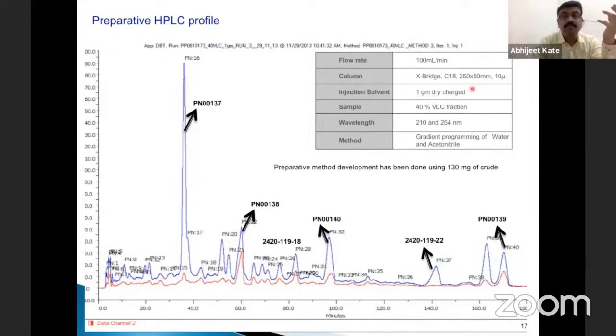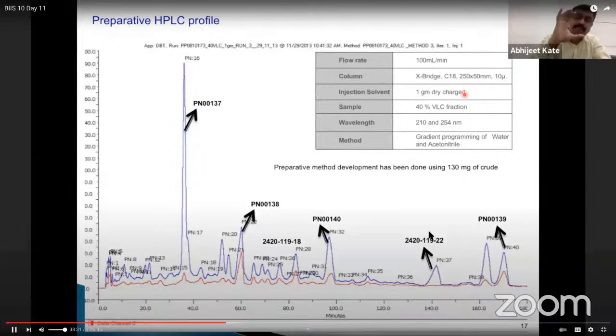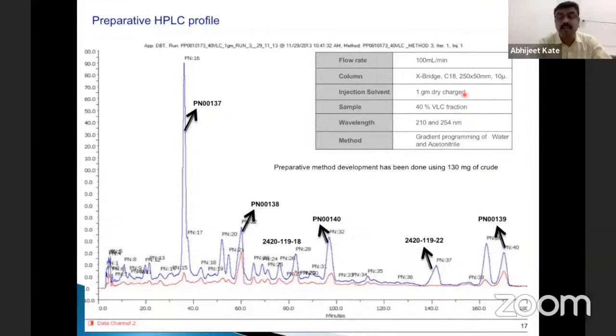The preparative column is generally 50 mm, while our analytical column is mostly 4.6 mm. The 4.6 mm column is this small column, this width, while the preparative column is dumbbell-like in shape. It has a very good amount of weight, so you can load a good amount of compound in that column and collect a good amount.